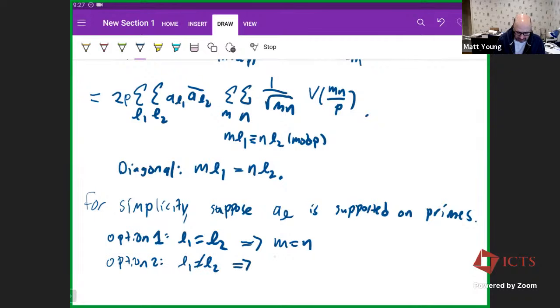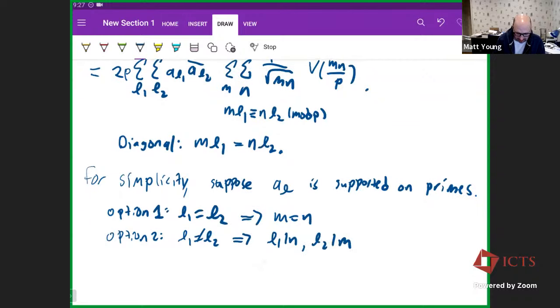Then that implies that L1 divides n and L2 divides m. In fact, we can write n equals L1 times K, and m will be L2 times K. It's the same K, just from solving the diagonal equation.